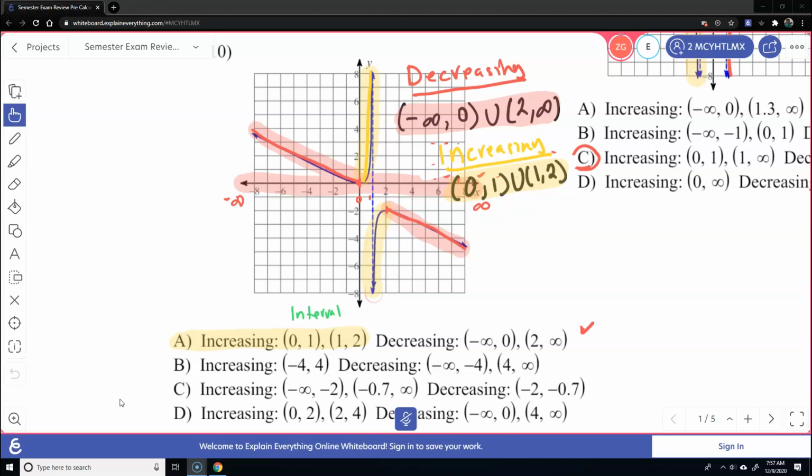Decreasing, remember this is interval, from negative infinity to 0, and then from 2 to positive infinity. The yellow indicates the increasing part of the graph, and the red illustrates the decreasing part of the graph.